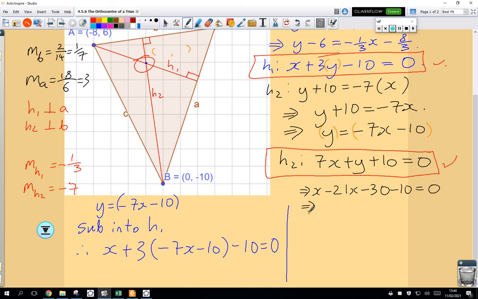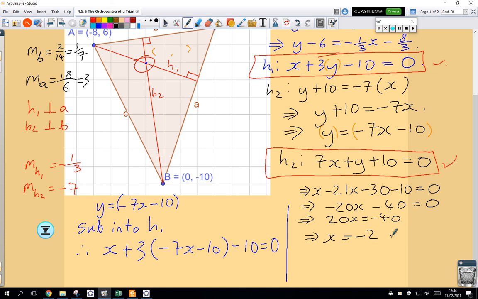And again, x subtract 21x, well that's negative 20x, minus 30 minus 10, minus 40, is equal to 0. Solving there, you'll see 20x has to equal negative 40, which means that x must equal negative 2.